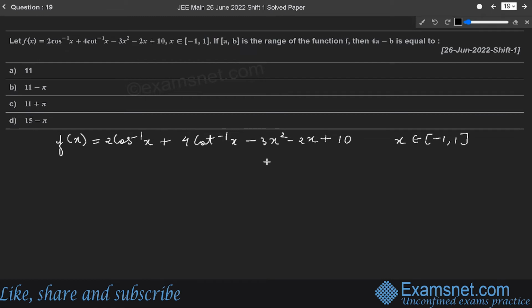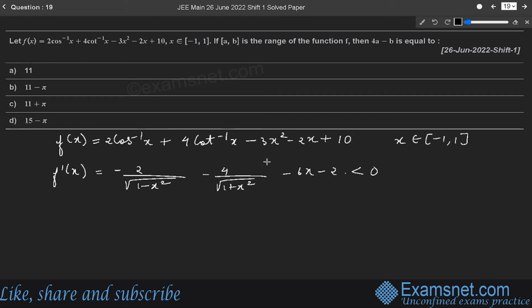First, let us find the differentiability of this function, or let us differentiate it. So f dash x will be equal to minus 2 divided by under root of 1 minus x square minus 4 divided by under root of 1 plus x square minus 6x minus 2. It is less than 0 and x belongs to minus 1 comma 1.